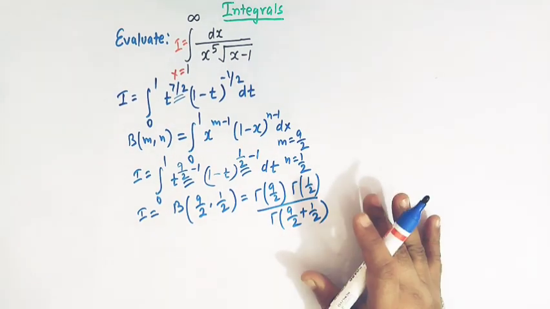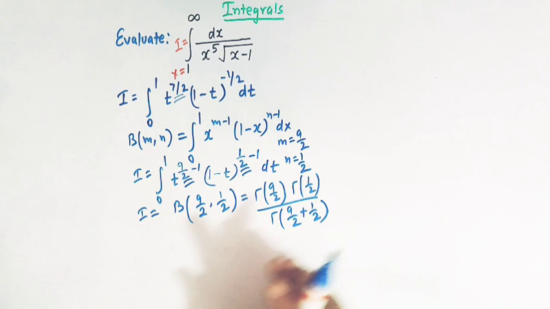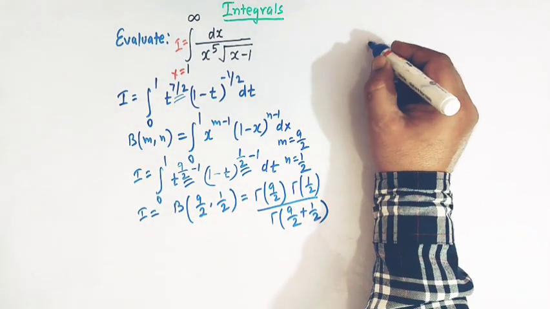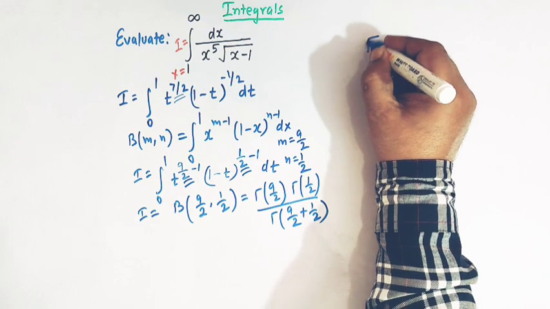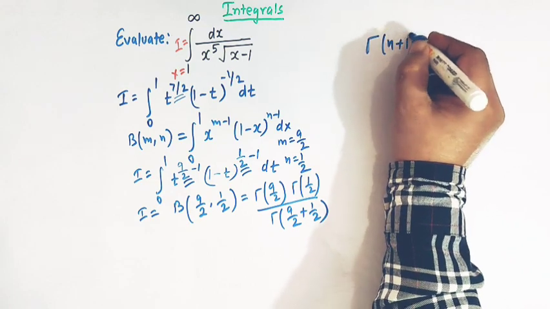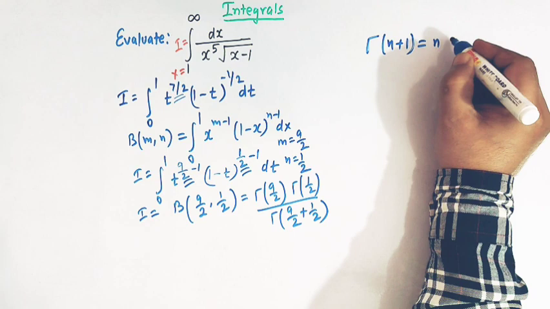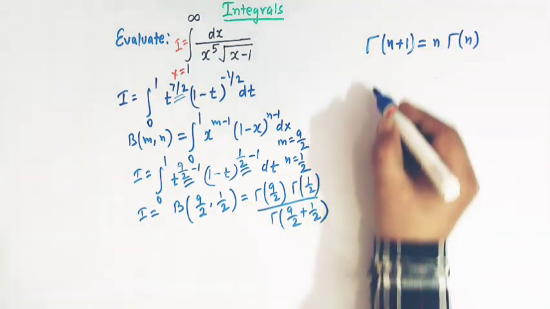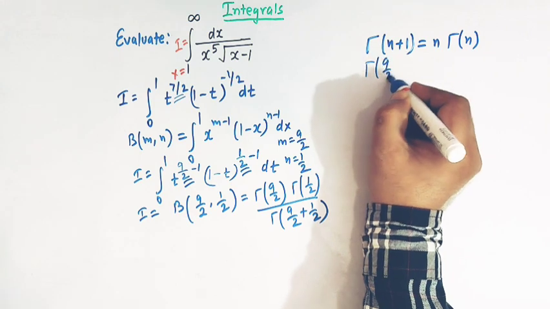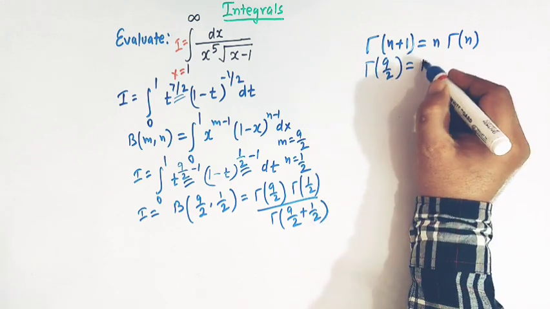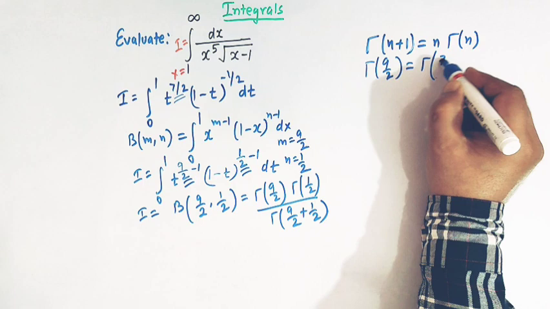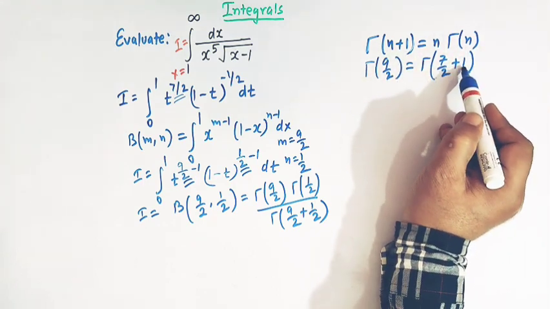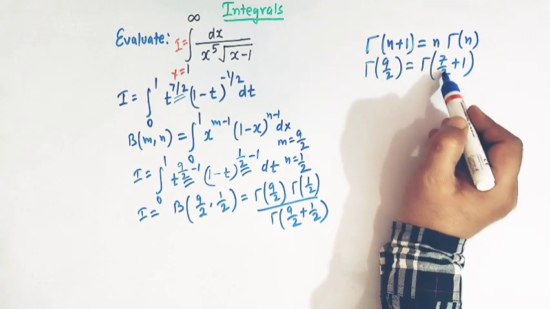So now here also we can make use of one important relation from gamma function. See, gamma of (n plus 1) can be written as n times gamma of n, right? So here we have gamma of 9 by 2, right? So gamma of 9 by 2 can be written as gamma of 7 by 2 plus 1, right? So if we compare 7 by 2 plus 1 with this one, n is 7 by 2.